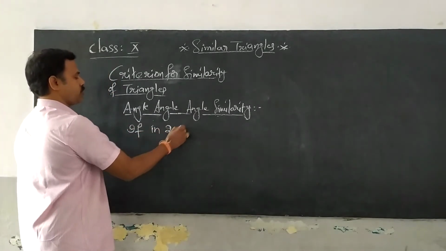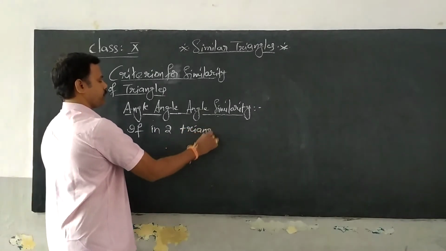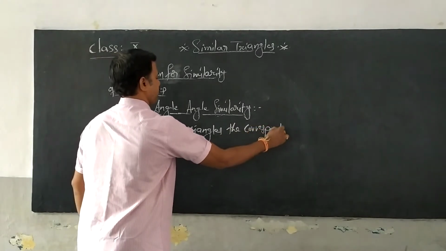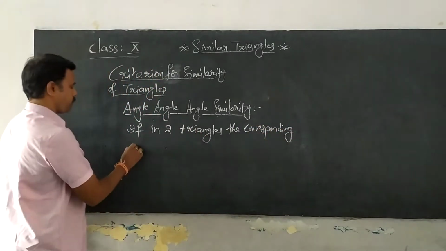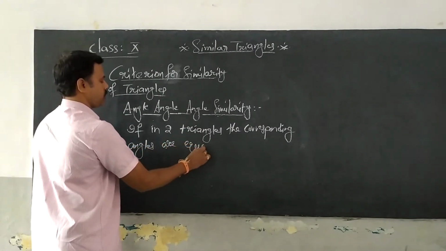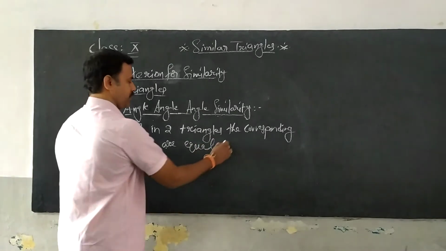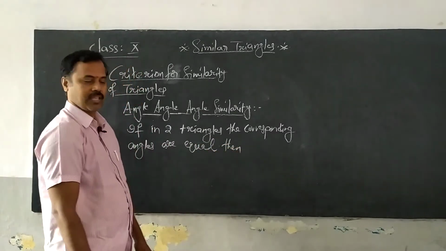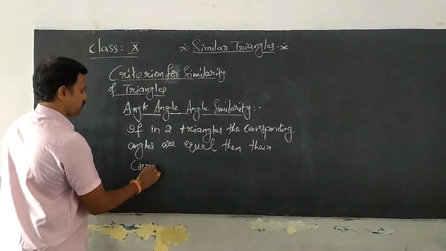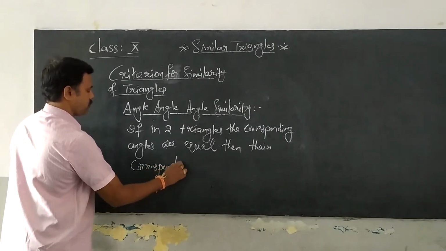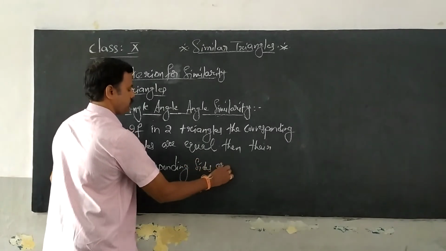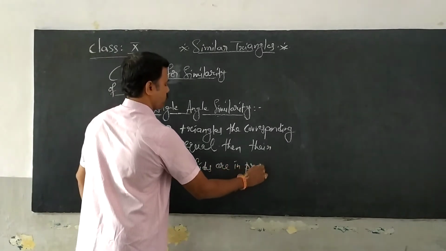If in two triangles the corresponding angles are equal, then their corresponding sides are in proportion.